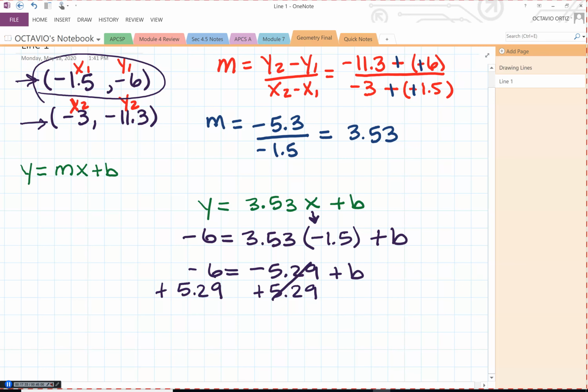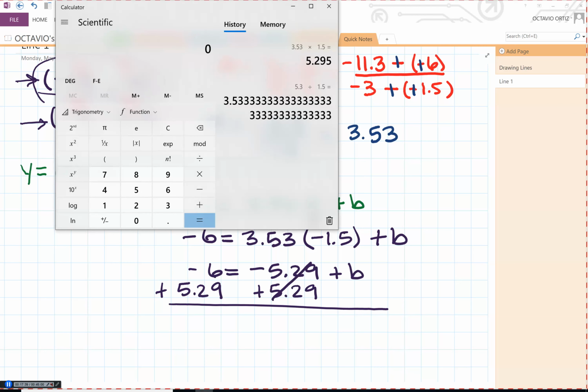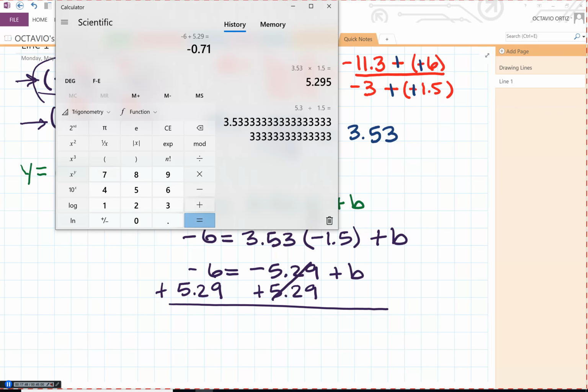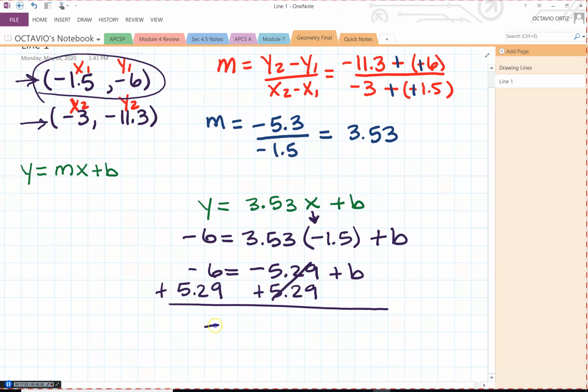Those cancel. And right here, that's negative 6 plus 5.29. Again, by all means, use the calculator. That is negative 6 plus 5.29 equals negative 0.71. And so I have negative 0.71 equals b.